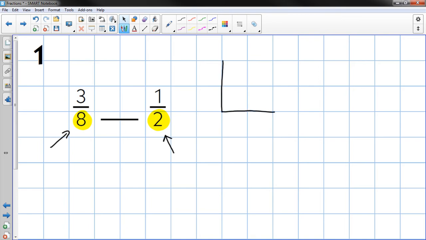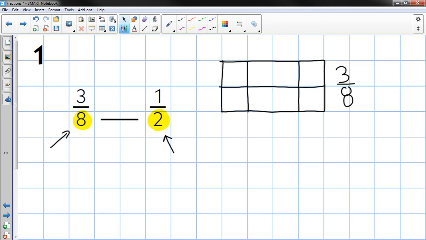I have a fraction already that's 3/8. So this is going to be 3/8. I have to break it up into eighths. So the whole thing is made of 8 equal pieces, and I'm interested in 3 of them. That's what 3/8 means.